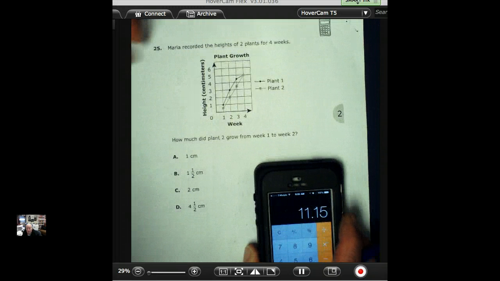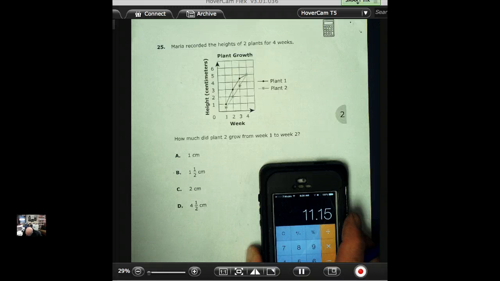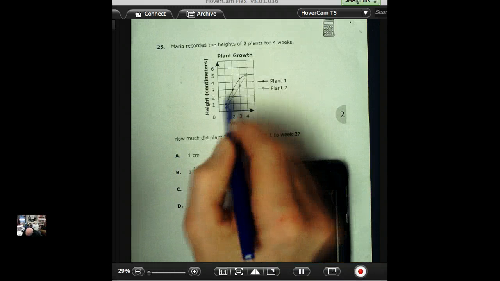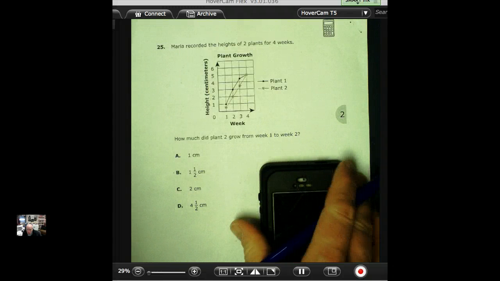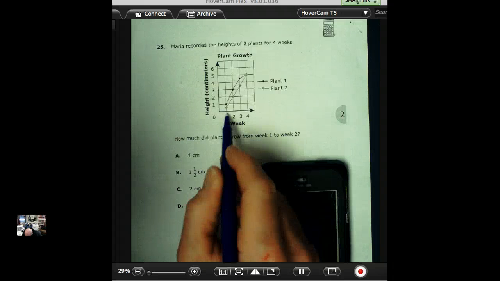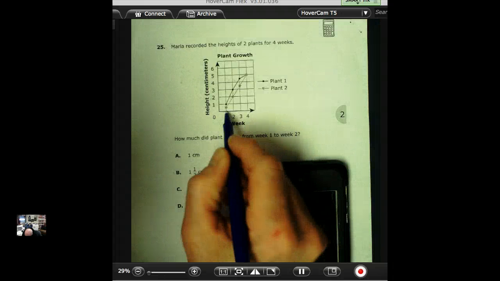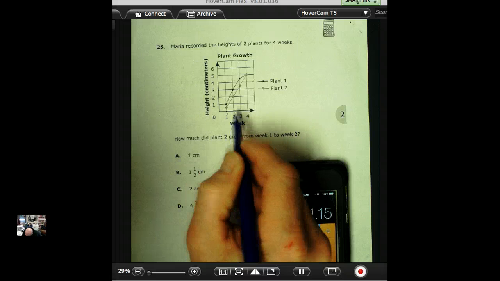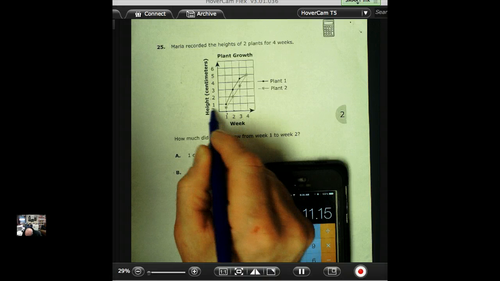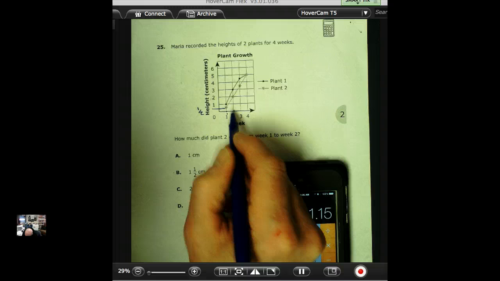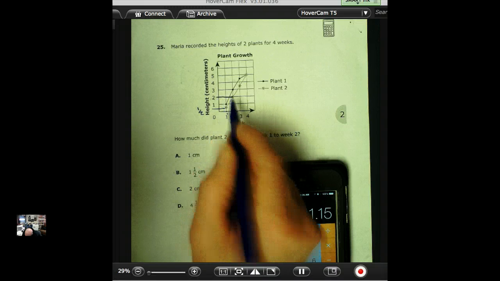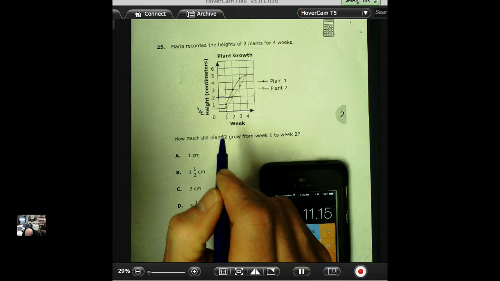Okay, let's see. Maria recorded the heights of 2 plants for 4 weeks. Here she's graphed them out. Here's plant 1 in the solid line. Plant 2 is in a gray line. How much did plant 2 grow from week 1 to week 2? Here's week 1, and here's week 2. At week 1, it was at a half, because it's between 0 and 1. And by the time it got to week 2, it was at 2 inches.